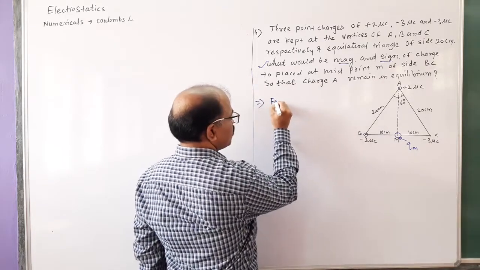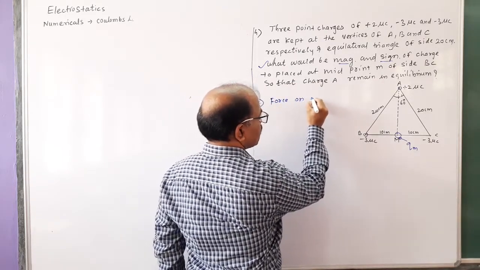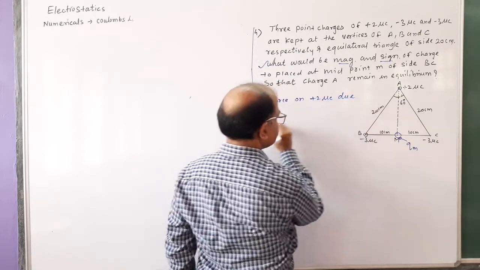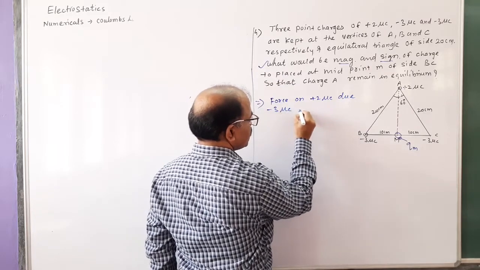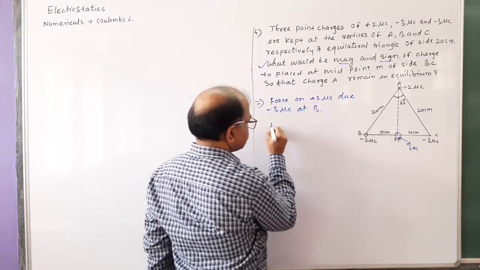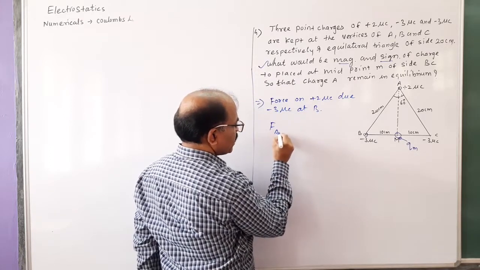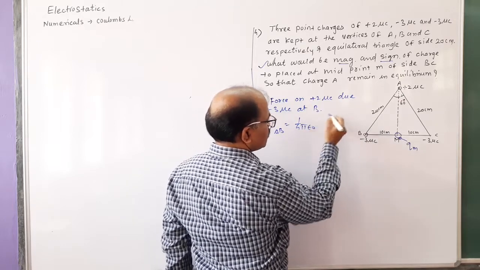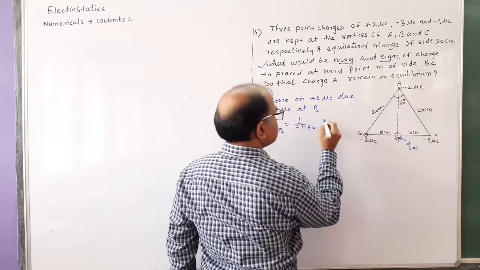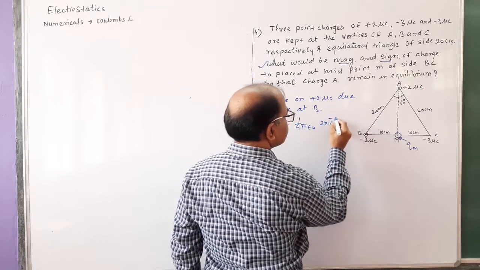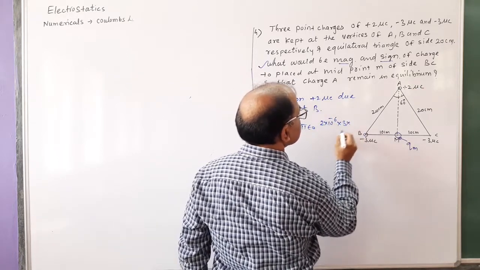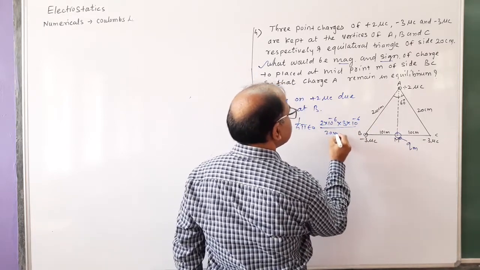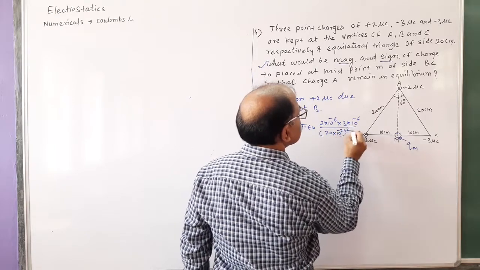We can calculate this force on +2 microcoulomb due to -3 microcoulomb at B. So F AB, we can write, equal to 1 divided by 4 pi epsilon naught according to Coulomb's law, charge A plus 2 microcoulomb, 2 into 10 raised to -6 into 3 into 10 raised to -6 divided by separation distance 20 into 10 raised to -2 whole square.